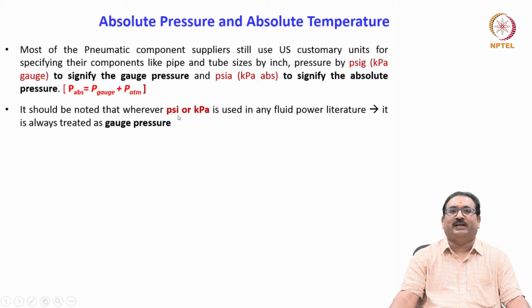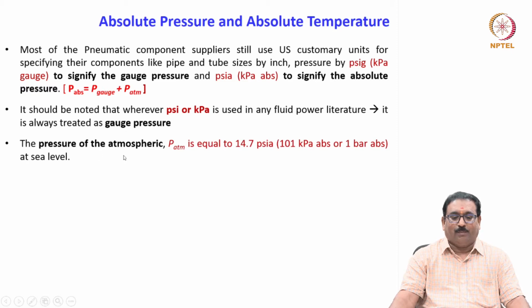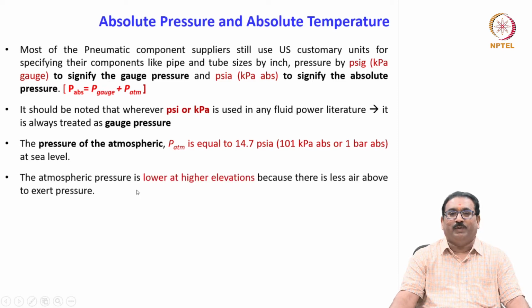It is understood that all are gauge pressures. The pressure of the atmospheric air is equal to 14.7 PSIA or 101 kPa abs or 1 bar abs at sea level. The atmospheric pressure is lower at higher elevation because there is less air above to exert a pressure.